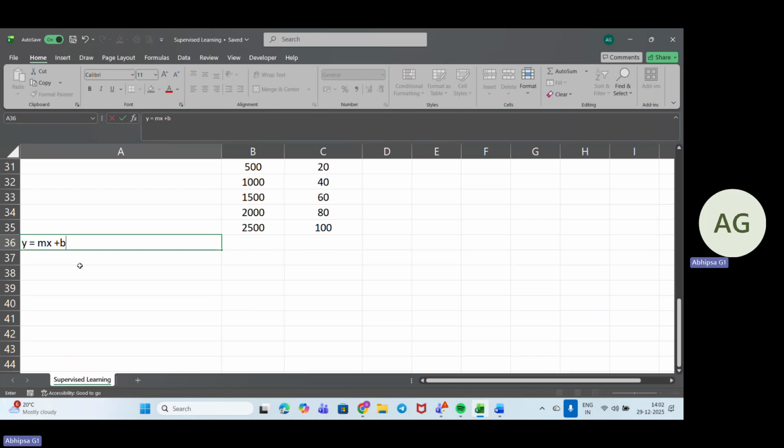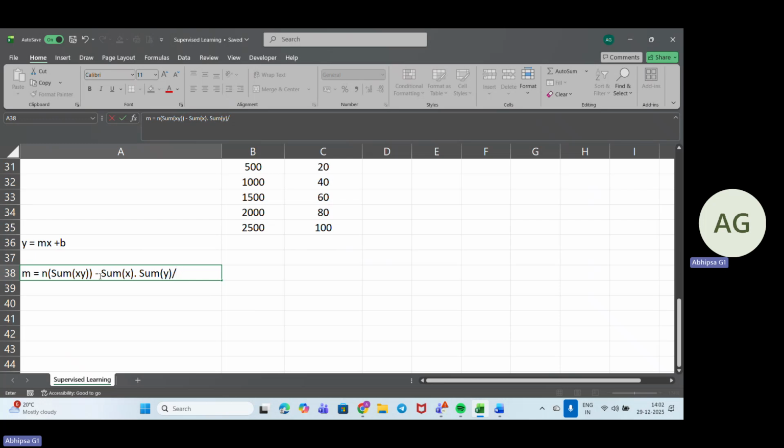Now again, we need the formula of the slope. So m equals n times summation of xy, subtracted by sum of x into sum of y. This is the numerator.